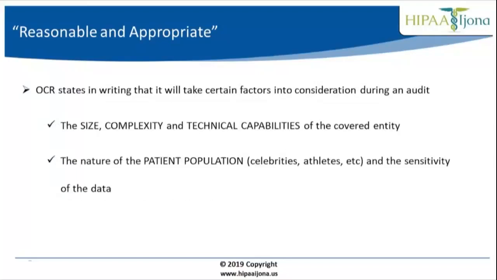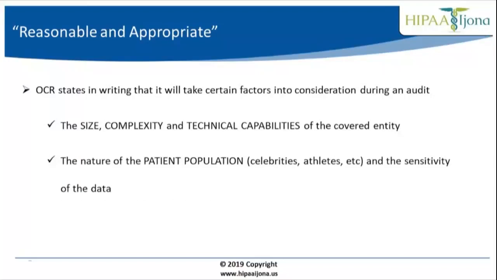So the OCR states in writing now that it'll take certain factors into consideration during an audit: the size, complexity, and technical capabilities of a covered entity, and the nature of the patient population. So if you're a small facility in rural West Virginia or something like that, they'll take into consideration that you're small, and the odds are that nobody's going to be very interested in that.